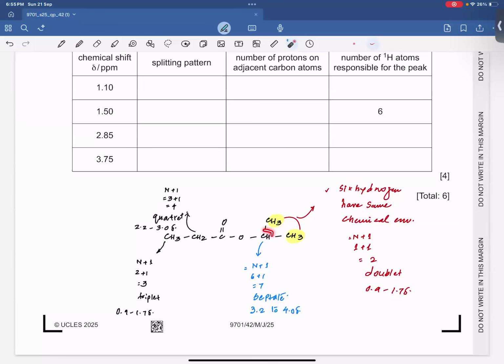So 3.75 is basically the splitting pattern. This carbon has 6 hydrogen atoms, so the splitting pattern arises because of 6 hydrogen atoms. Number of protons on the adjacent carbon atom, 1. The number of protons responsible for the peak, oh no, hold on.